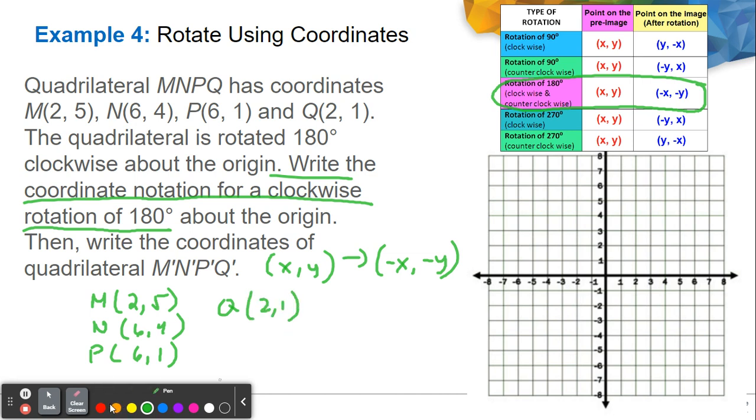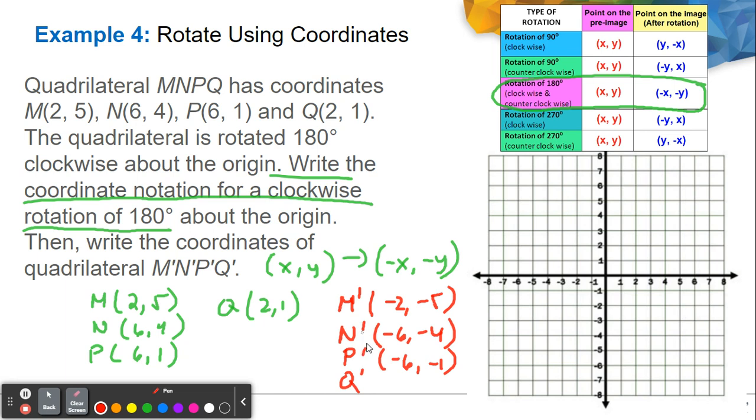Using our coordinate notation, M prime is just the opposite of x and y, so it will be negative 2, negative 5. N prime is negative 6, negative 4. P prime is negative 6, negative 1. And Q prime, sorry, I forgot the prime, is negative 2, negative 1.